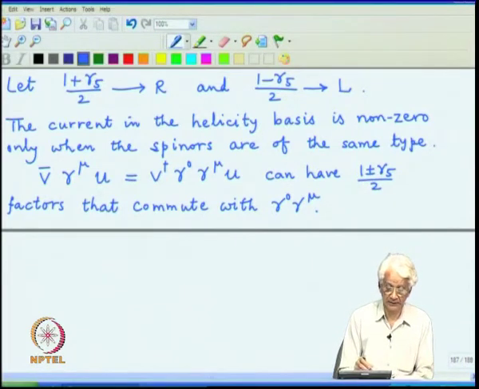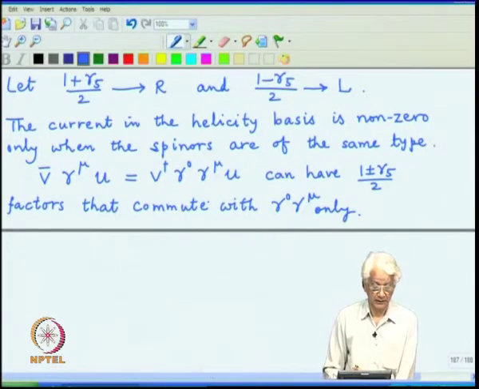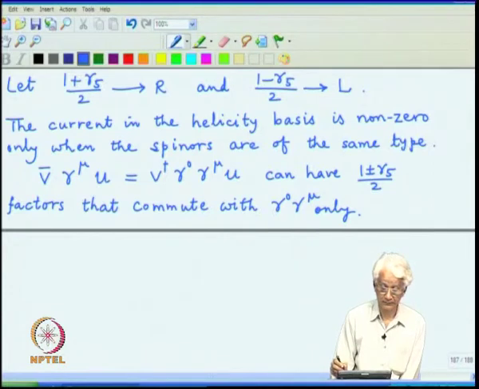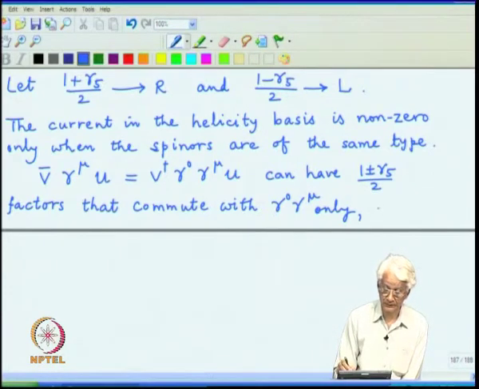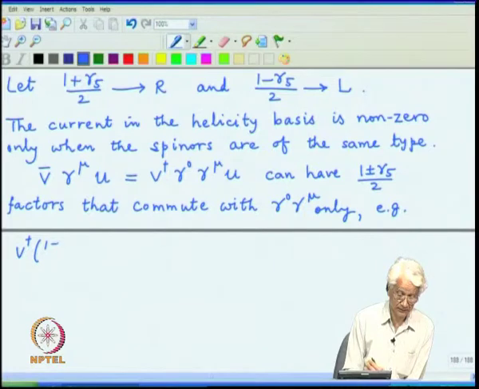There is no other choice allowed. If they are of opposite type, once you commute through gamma 0 and gamma mu, they will annihilate. So, for example, v dagger 1 plus gamma 5 by 2 and so on.